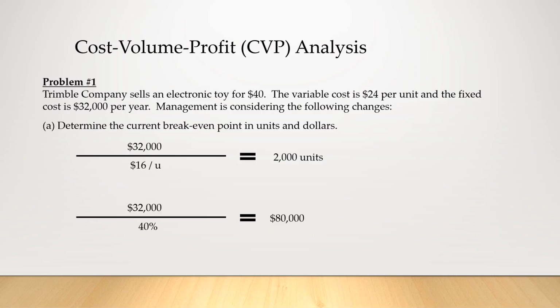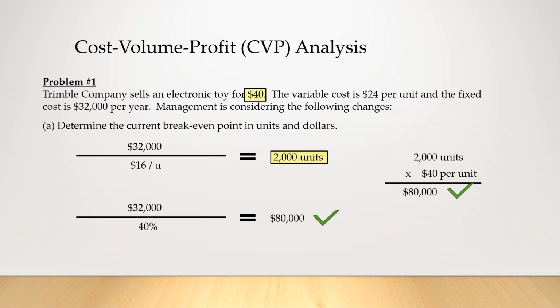You can check this result in a number of ways. The obvious way is to take our break-even sales in units and multiply it by the sales price. The product is $80,000, which reconciles to our calculated amount.